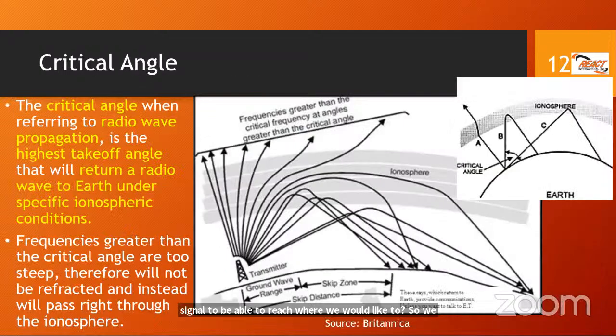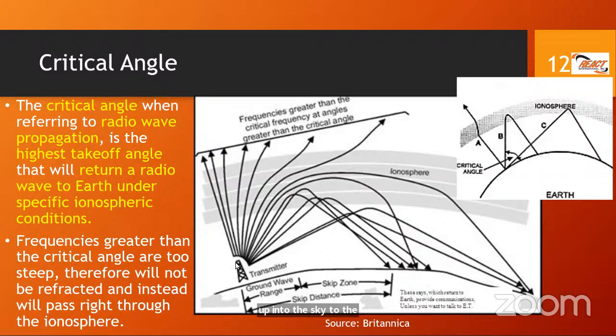So we come to the concept of critical angle, and this is an exam question. What is the critical angle? We talked about NVIS, and we'll also be discussing NVIS again this evening. When we send our signal up into the sky, to the ionosphere, that's called the angle of radiation, right?